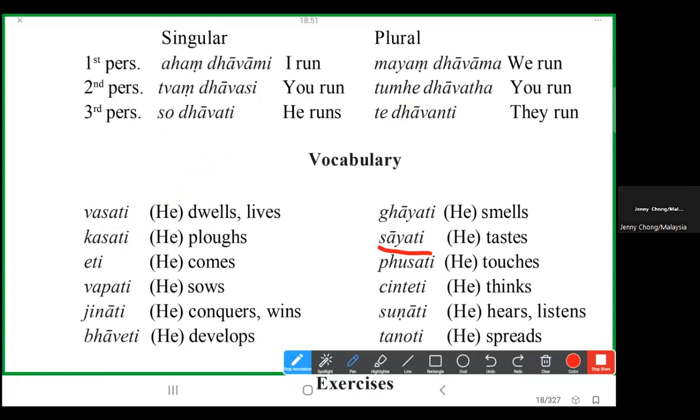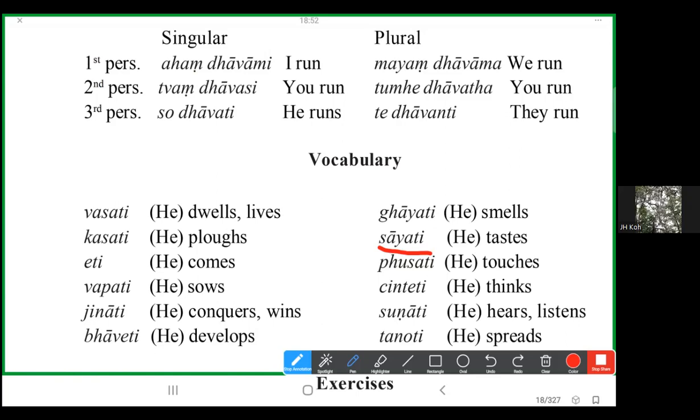I think just now Brother Cole raised his hand. Okay, Brother Cole. I'll try. So sayati, te sayanti, tuam sayasi, tumhe sayata, aham sayami, mayam sayama.